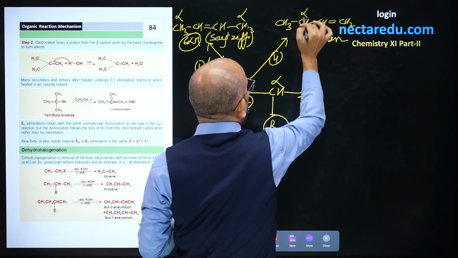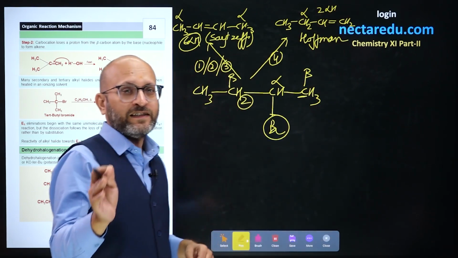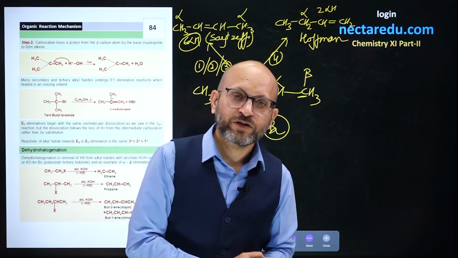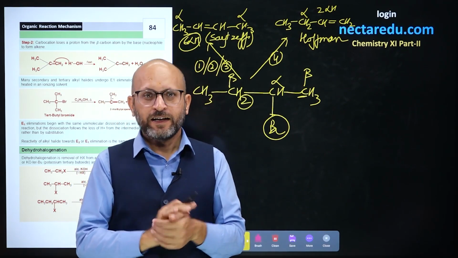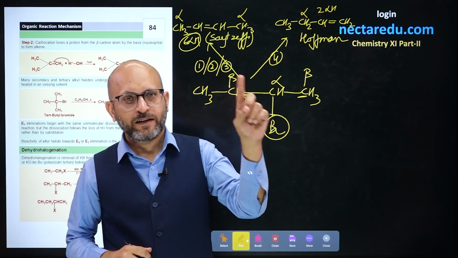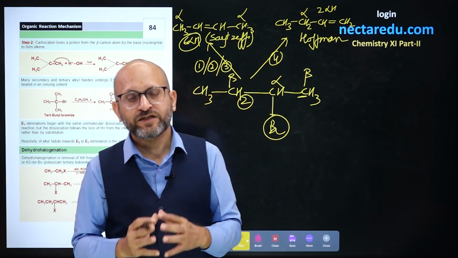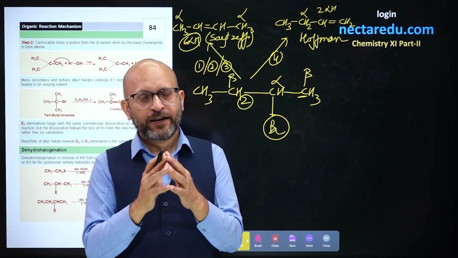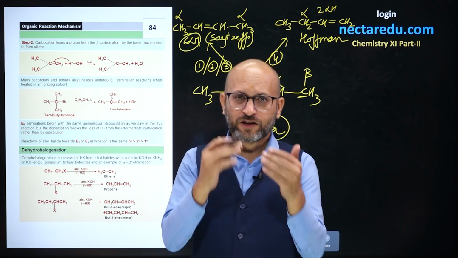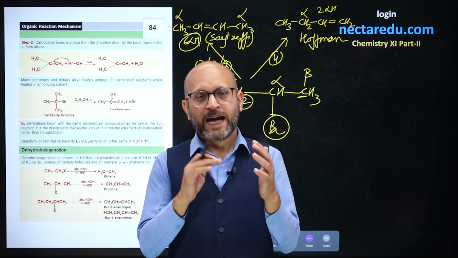Here you will have only 2 alpha hydrogens. So Saytzeff alkene is the alkene which has more alpha hydrogens, and Hofmann alkene is the alkene which has fewer. With the top 3 reagents, Saytzeff alkene is major, and with reagent number 4, the bulky base tertiary butoxide, Hofmann alkene is the major product. I hope you could make out how the reagent is acting.